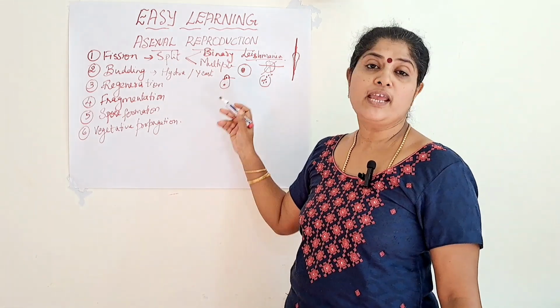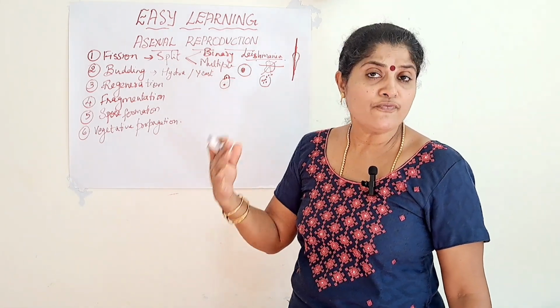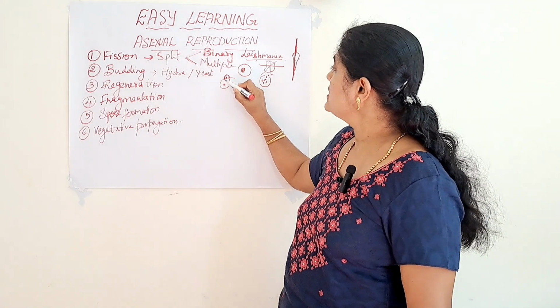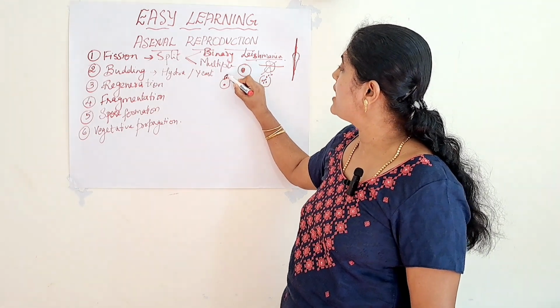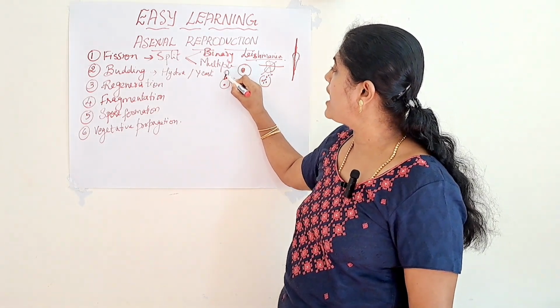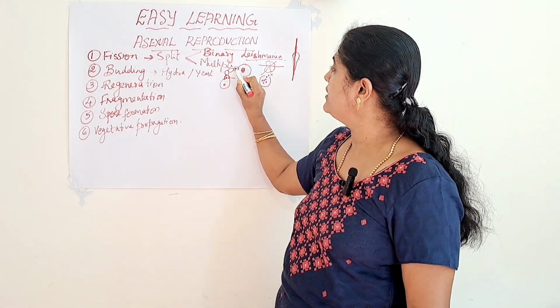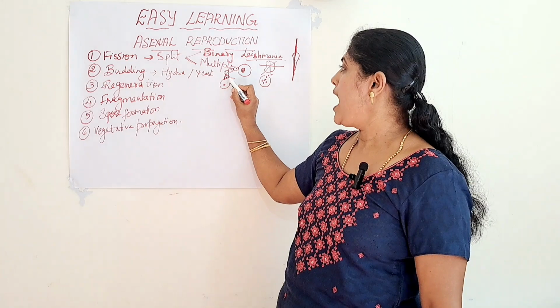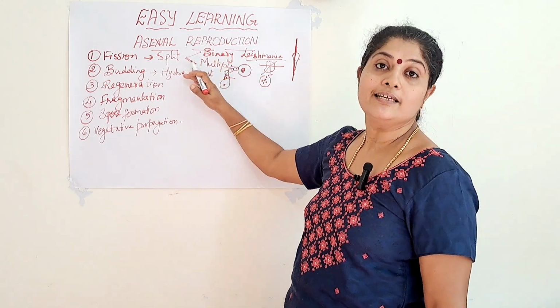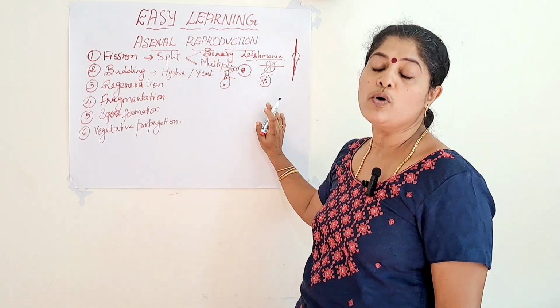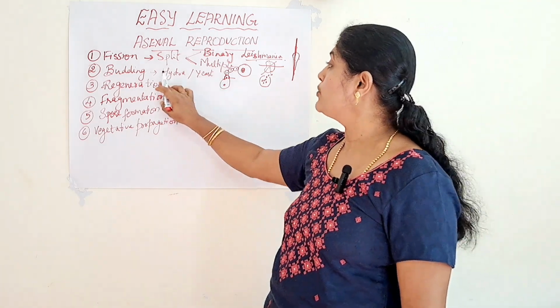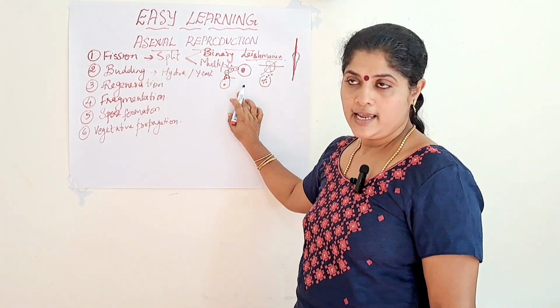But in the case of yeast, the division takes place at a much faster rate, so that before it gets detached from the parent organism, its outgrowth arises. Like that, a chain of yeast cells is formed. Afterwards, it gets detached from the parent organism and grows into a new organism. That is how budding takes place in yeast cells.